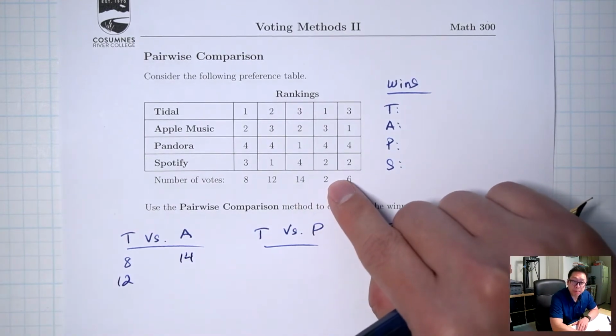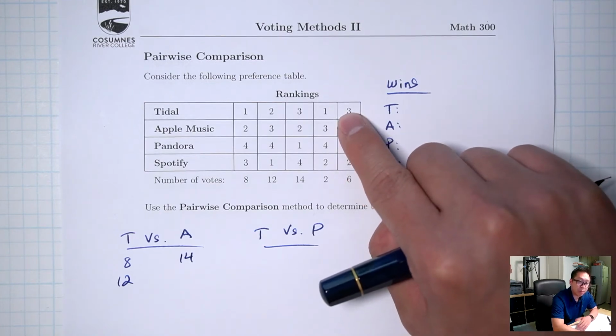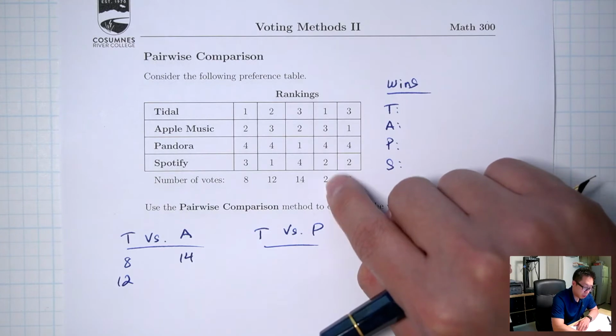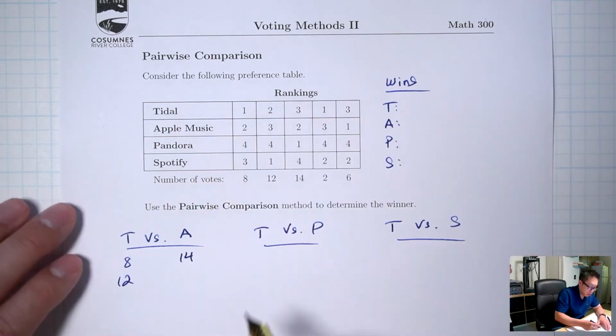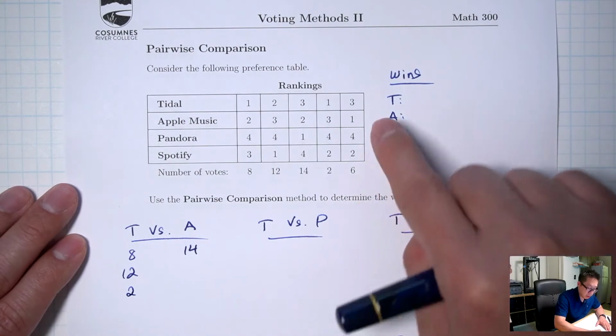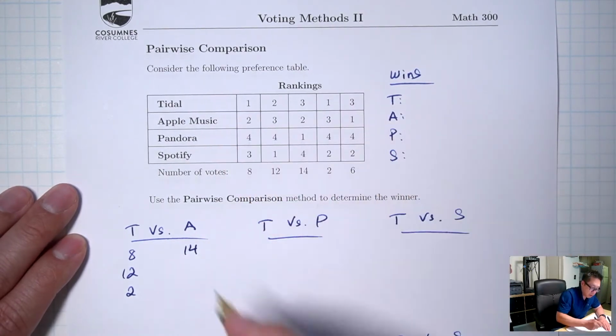These 2, 1 versus 3. Remember, you're looking for the lower rank, which means they like that streaming service more. So these 2 will go to Tidal. And then finally 6, 3 versus 1. These 6 will go for Apple.